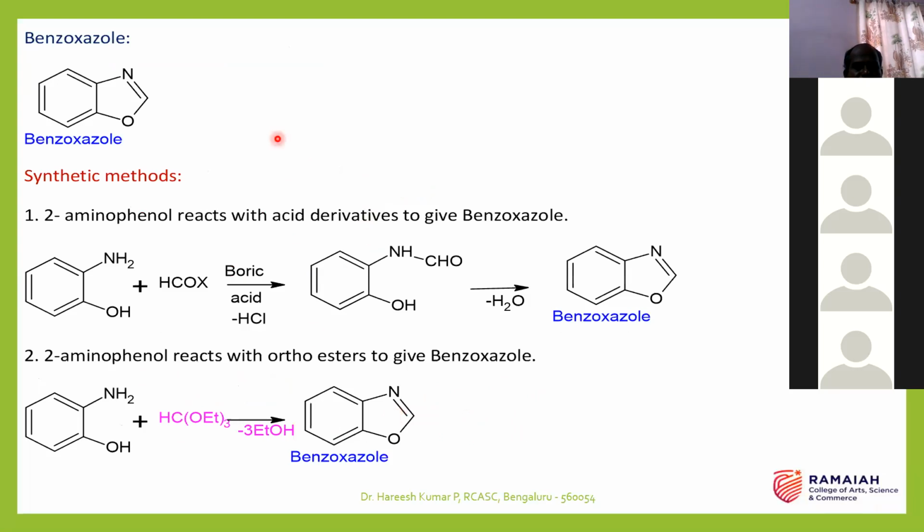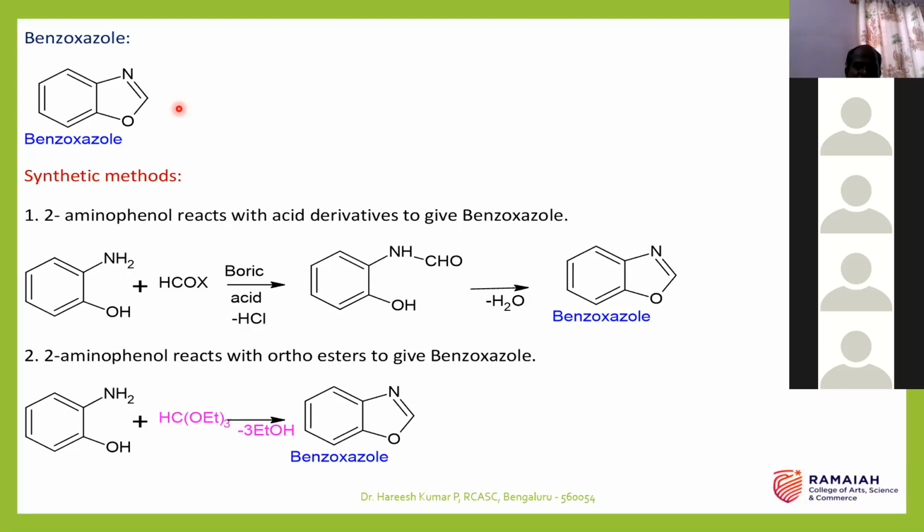So next, we are taking benzoxazole. What is oxazole? Oxazole means a 5-membered ring with oxygen and nitrogen at 1 and 3 positions. Suppose oxygen and nitrogen are at 1 and 2 positions, then it's called isoxazole.